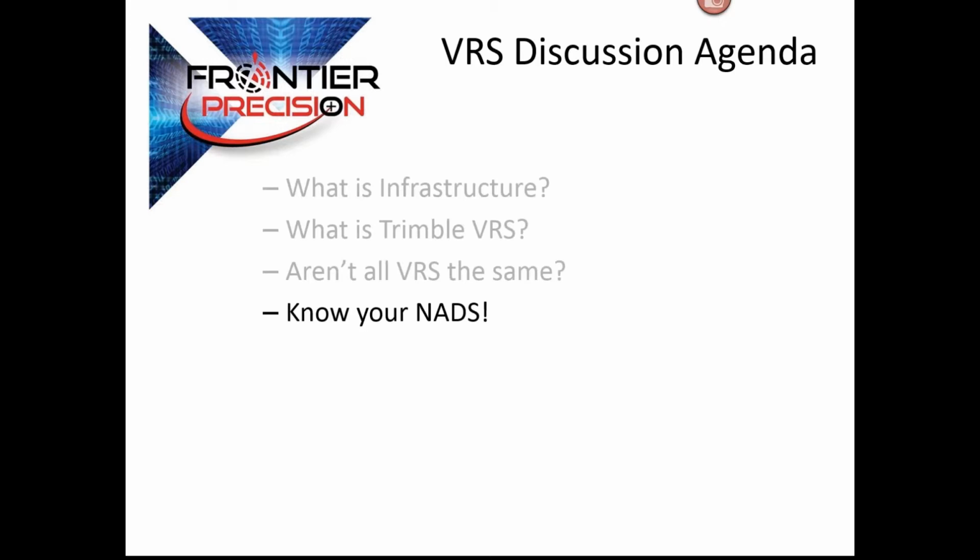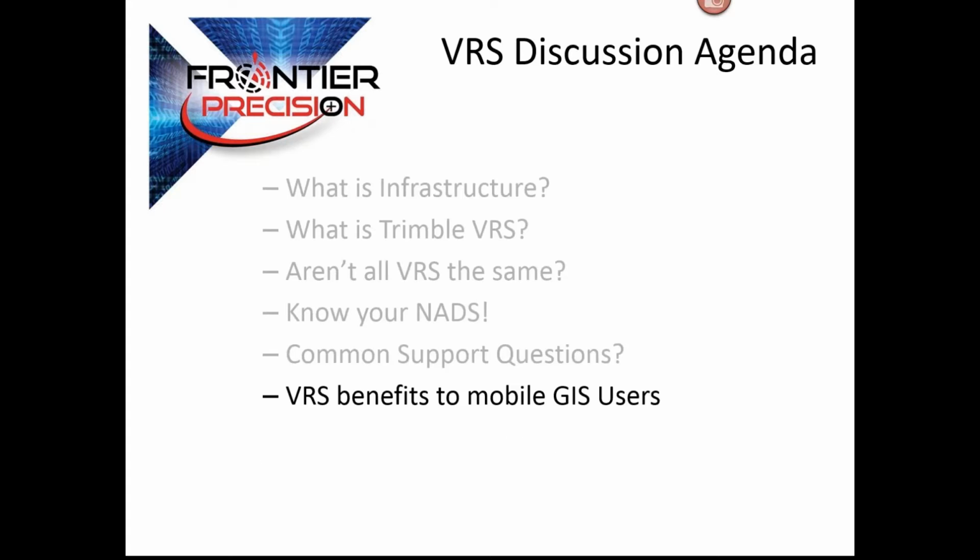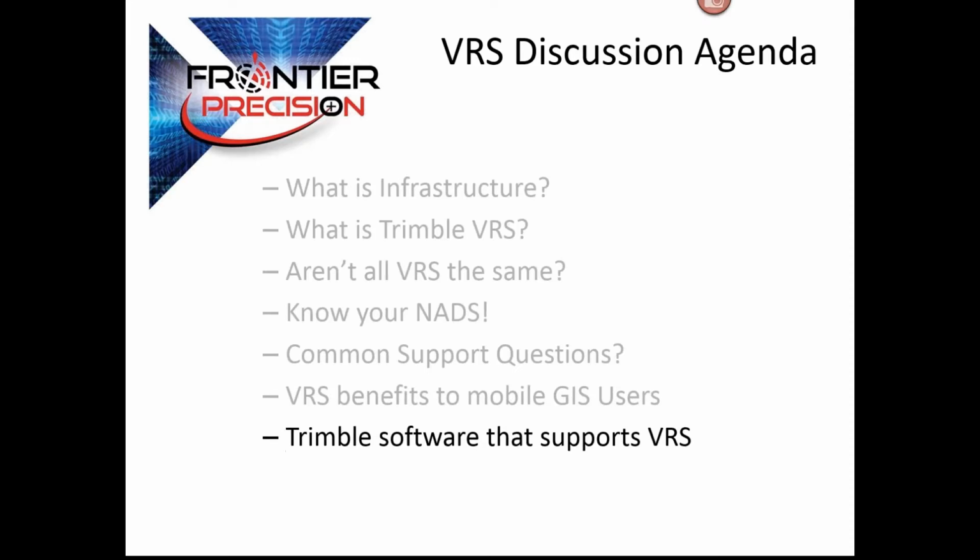We feel it's important to know your NADs, and what we mean by that is NAD 83 is a datum, and we'll get into that. Then some common support questions that we receive, and then we'll change gears to some VRS benefits to mobile GIS users today. We'll show you which Trimble software supports VRS connectivity, and then we'll cover some general setups.